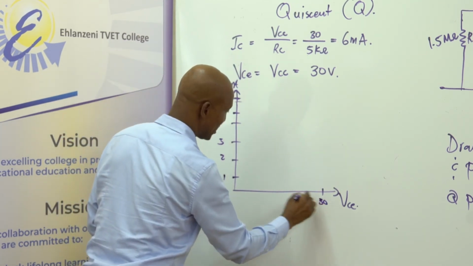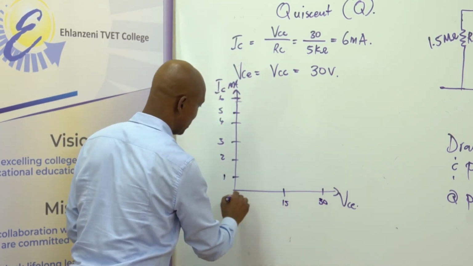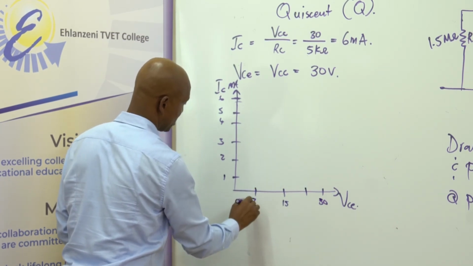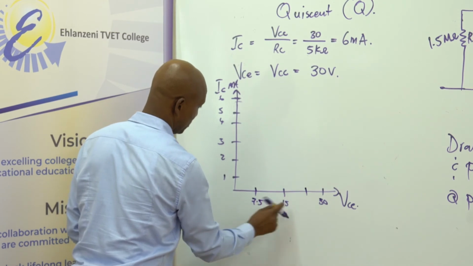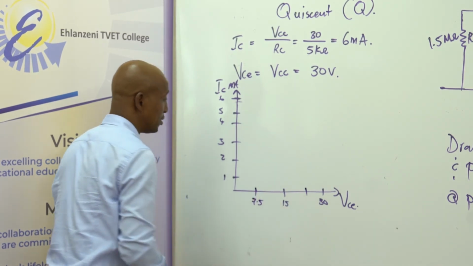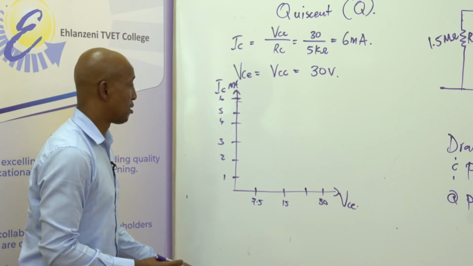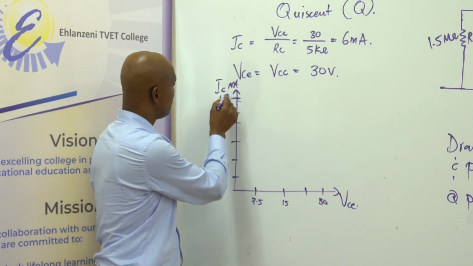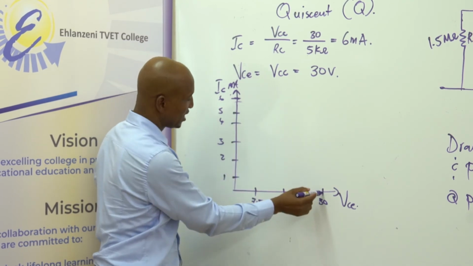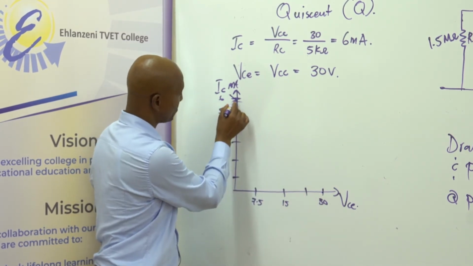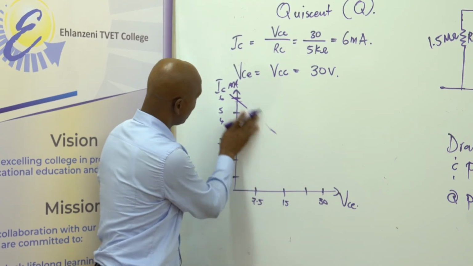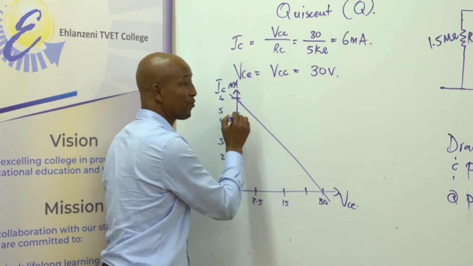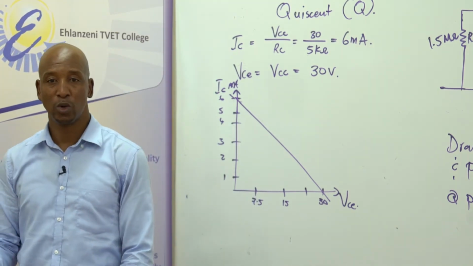VCE being 30, 15 here. Let me just say 7.5, and so on. So, now, we are having these two. We can now say VCE is 30 and IC is 6 milliamps. And then we draw our DC load line with respect to that. So, first step, DC load line, draw.